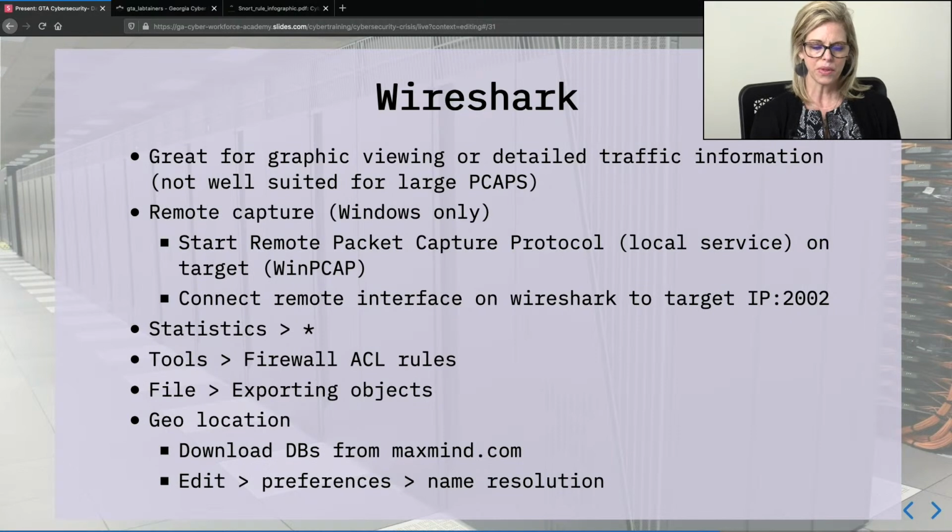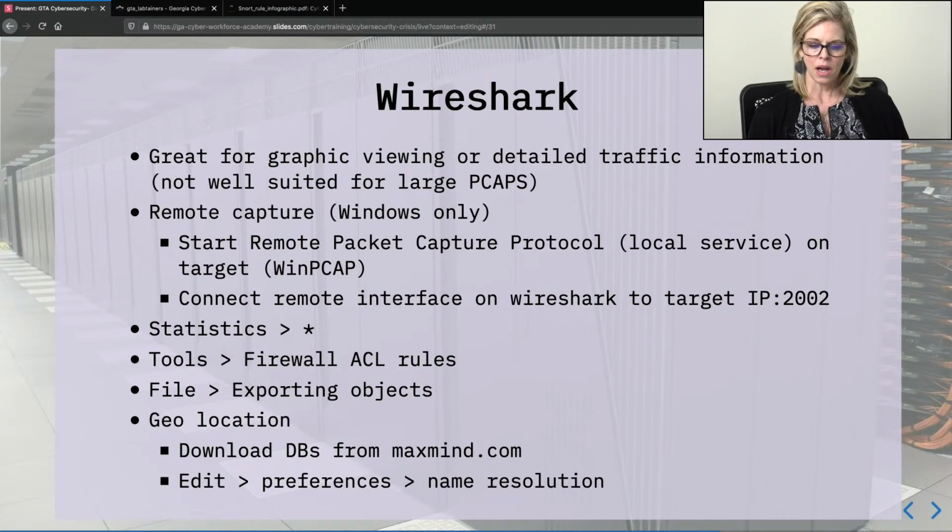From the file section of Wireshark, you can actually export different objects. And a really cool feature of Wireshark is the ability to look at different source and destination IP addresses and find their geolocation.